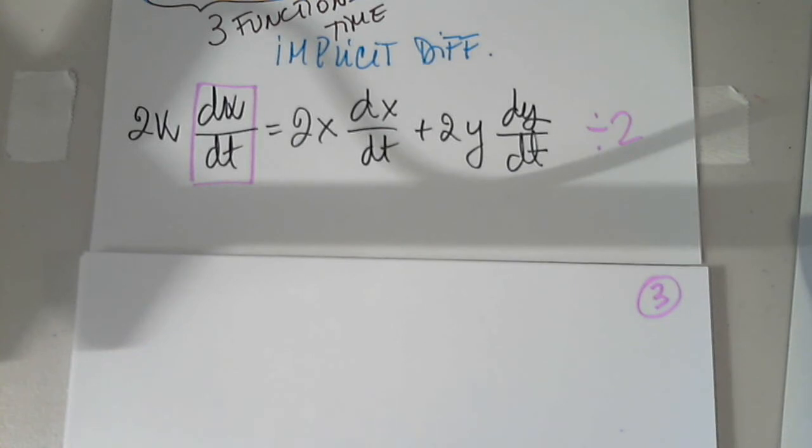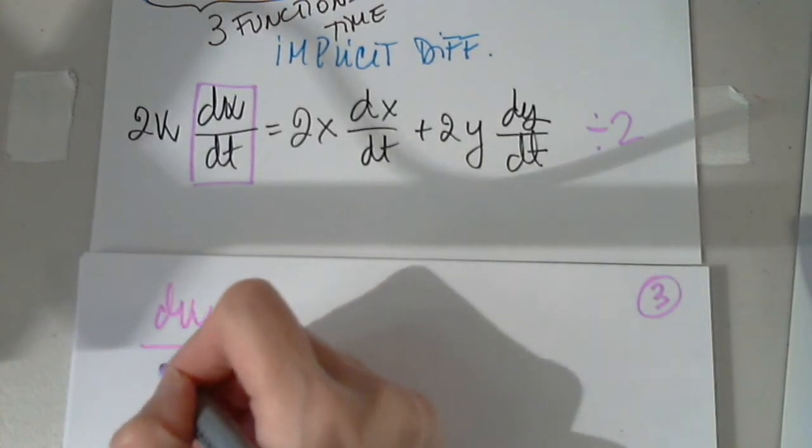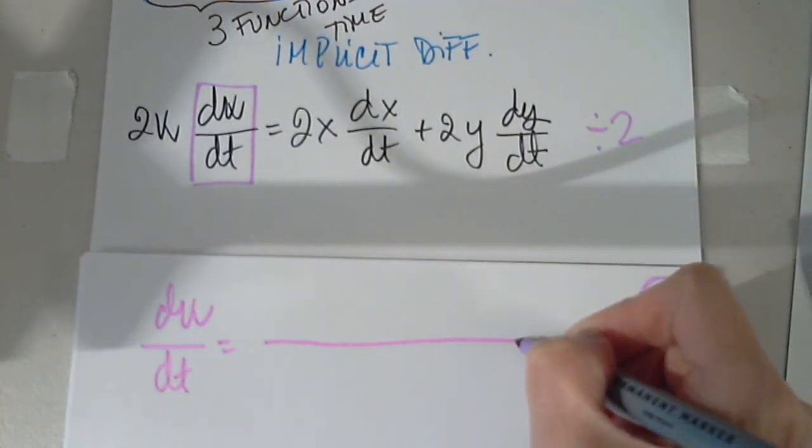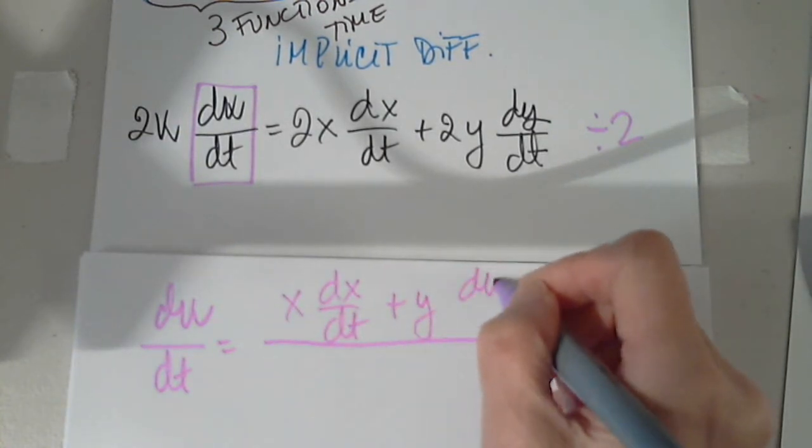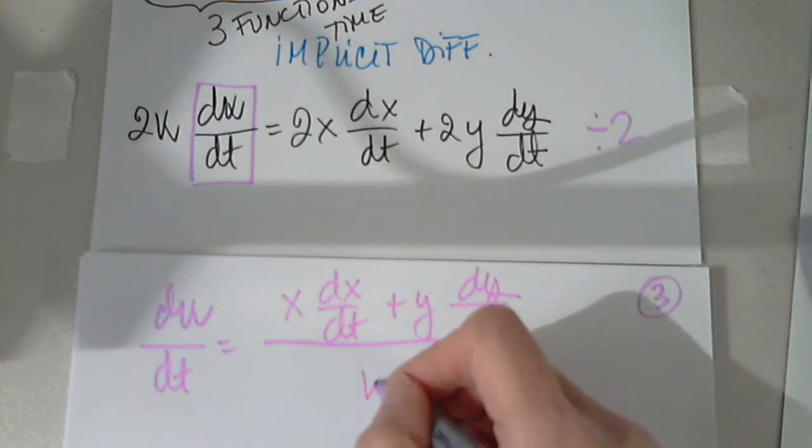So dw over dt is x dx over dt plus y dy over dt divided by w.